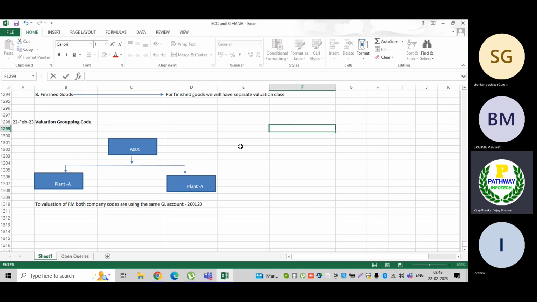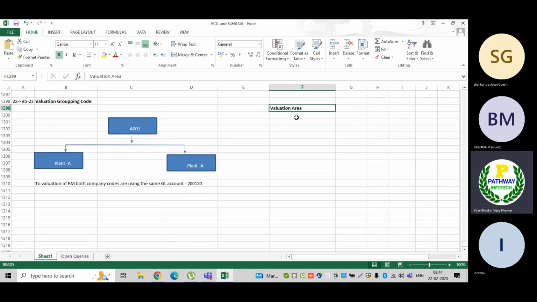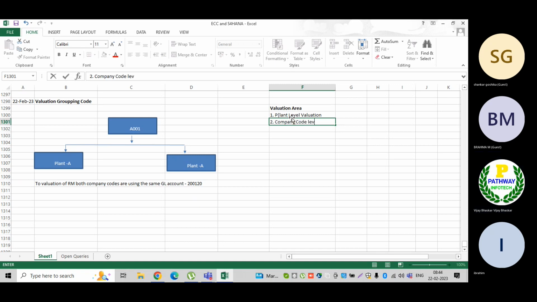In SAP we have two valuation areas: the plant level valuation area, and the company code level valuation.